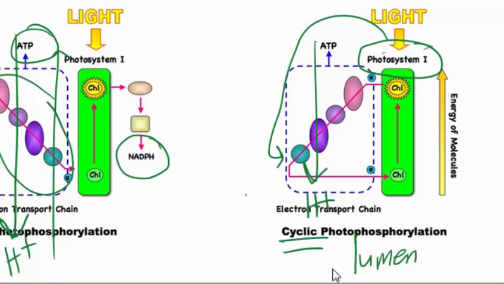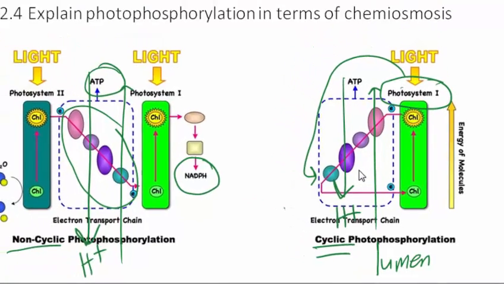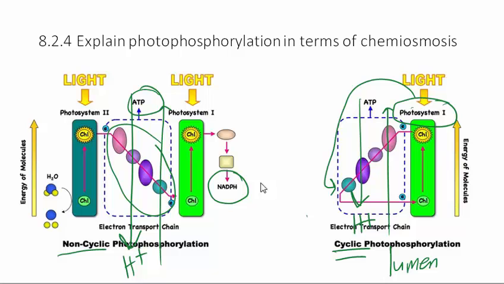When you concentrate the H plus in the lumen of the thylakoid, you allow the H pluses to flow across using ATP synthase. Again, I want to make sure that you understand that ATP synthase is not being shown in this image. It's a highly simplified version of it.